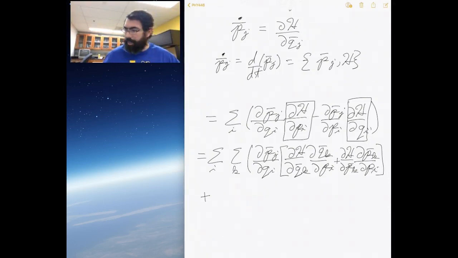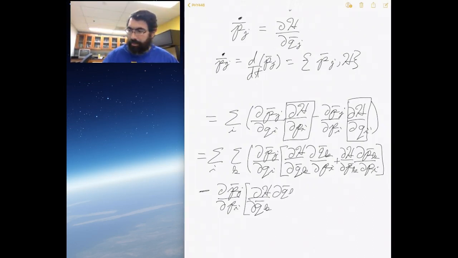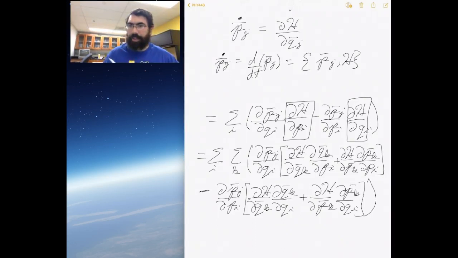So I get not plus, but minus the derivative of the barred momentum with respect to the unbarred momentum times, if we now do a change of reference, okay, there we go.